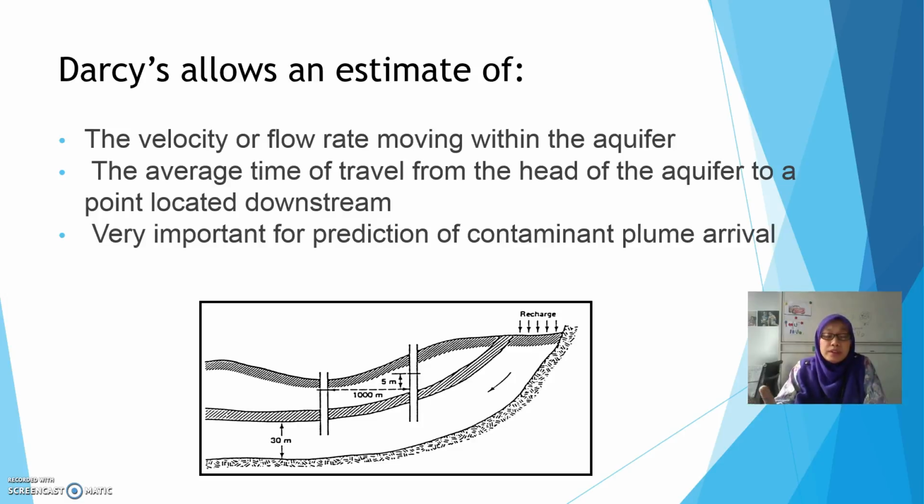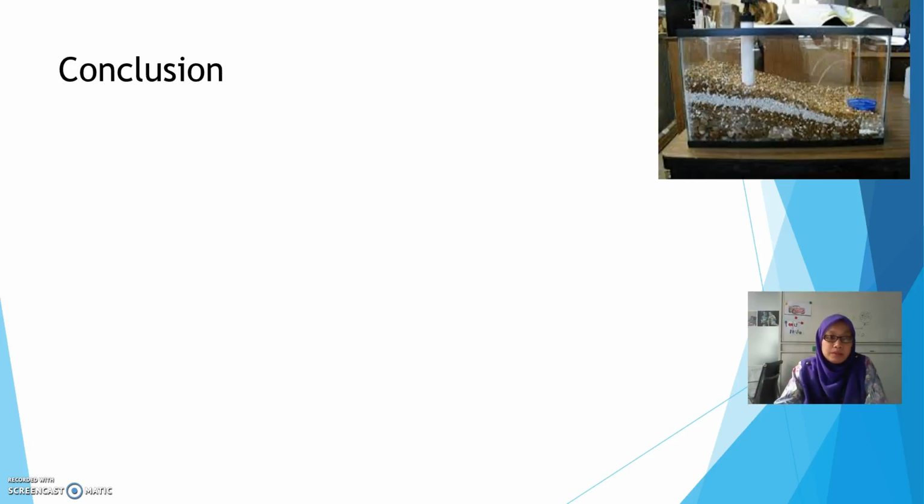It is also very important for prediction of contaminant plume arrival. If we have a contamination in our groundwater, we can estimate how long it will take to arrive and flow into the source where we extract the water for our daily purpose.